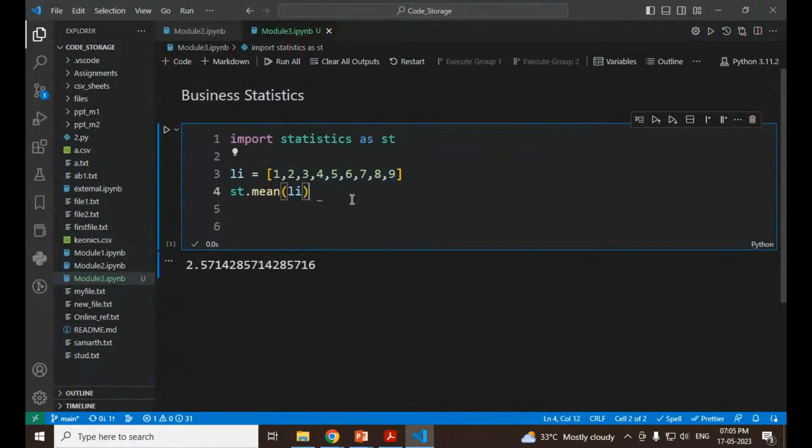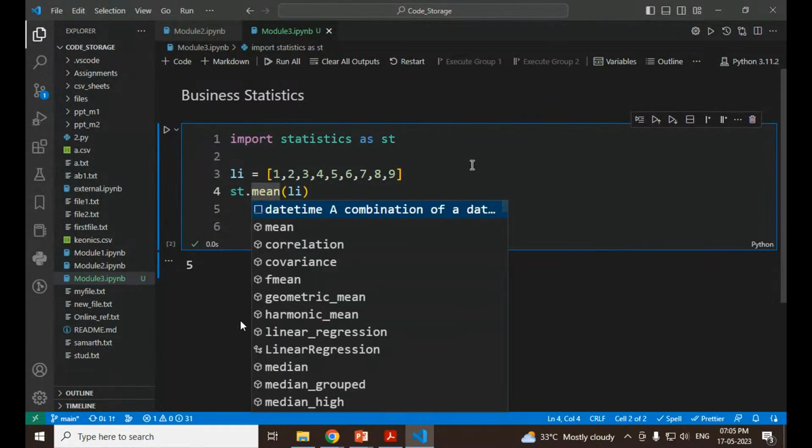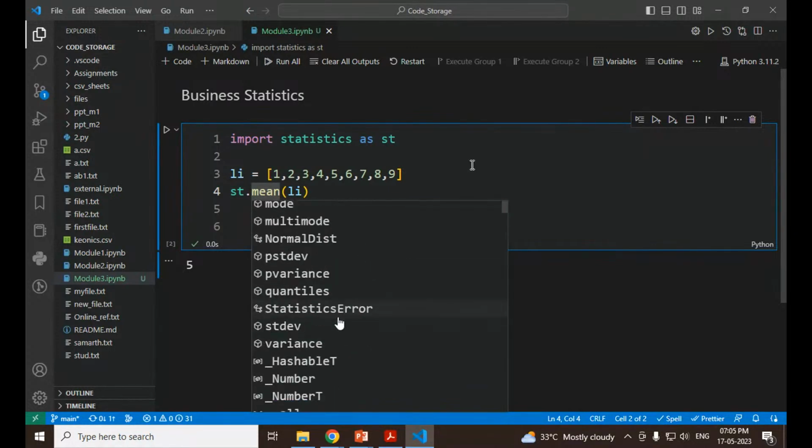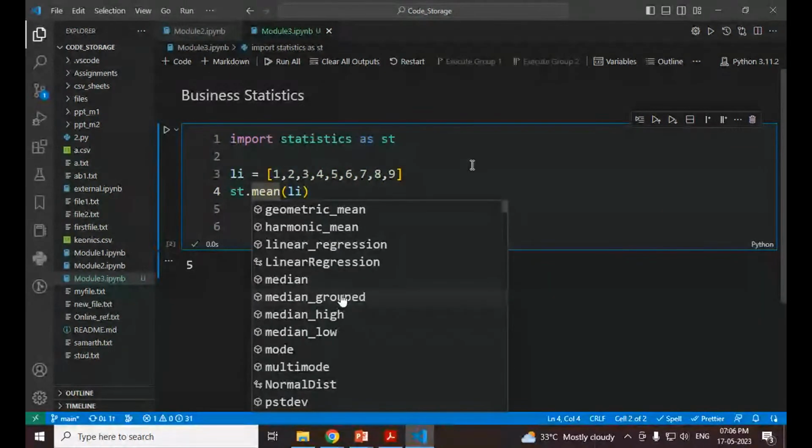So what will be the sum of this? 45 by 9. So it's exactly 5. So this is your mean. There are many functions available. You can see there will be fmean, median, mode. All of them are there. One by one we will be going to use them.